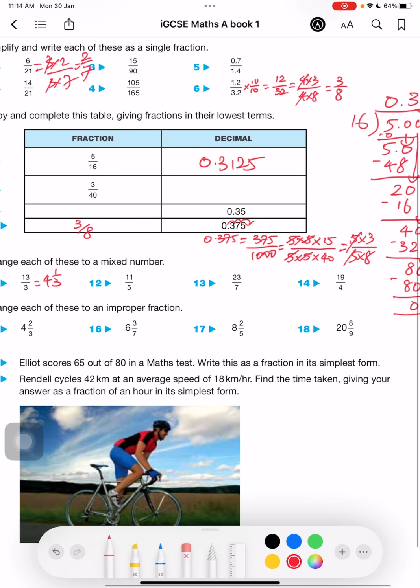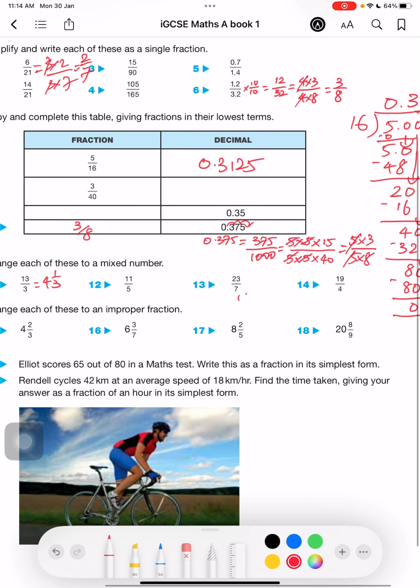So we have number 14, which is 19 over 4. Following the same method, you will get 4 over 4 plus 4 over 4 plus 4 over 4 plus 4 over 4 plus the 3/4. Because 4 plus 4 is 8, 8 plus 4 is 12, 12 plus 4 is 16, plus 3 is 19.